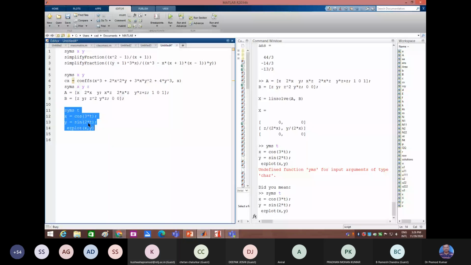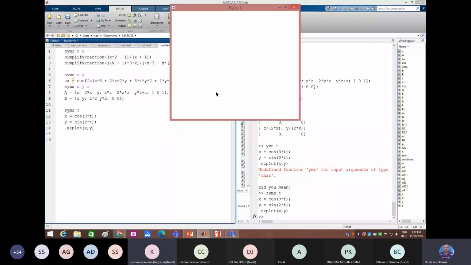Yes, it will work after. This is the plot which is coming.